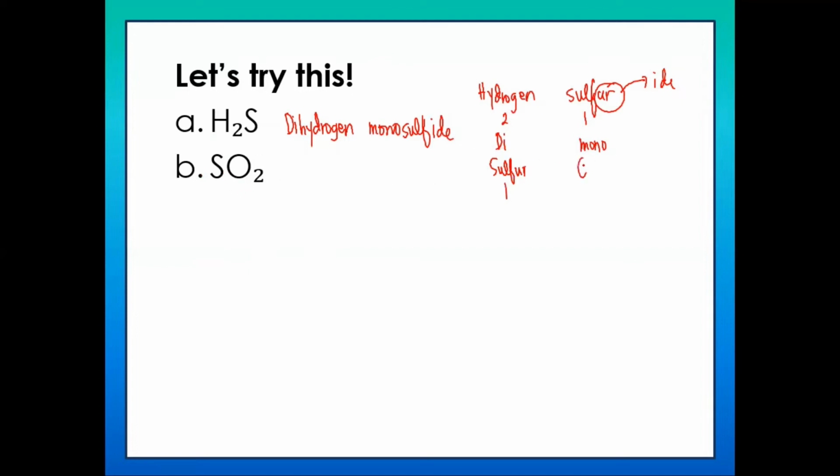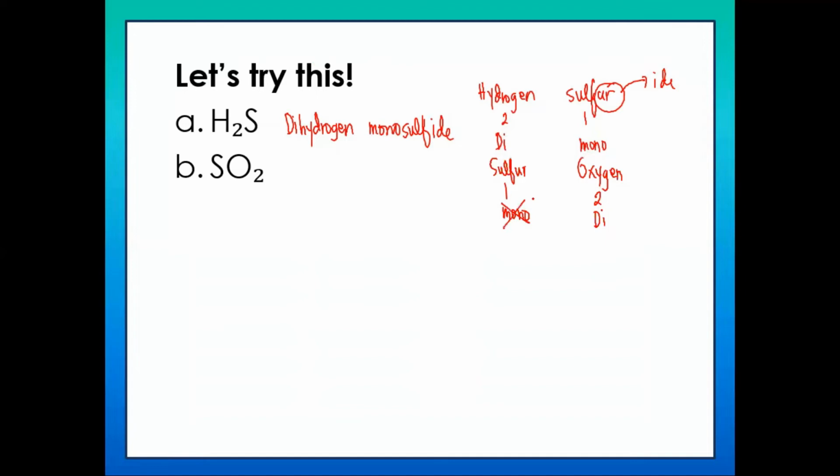For oxygen, that is the name of the next element. Oxygen has 2. So, sulfur, that means mono because of the 1. Oxygen, there's 2, that means di. Now, another rule that you have to bear in mind is that if the first element in the compound for covalent compounds has 1 subscript, we no longer add the prefix mono.